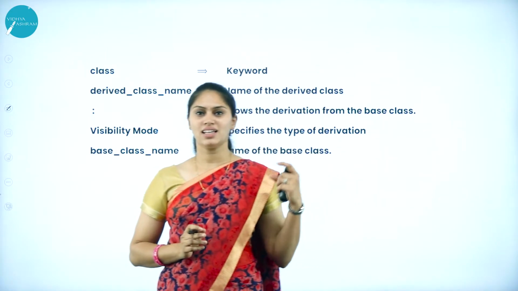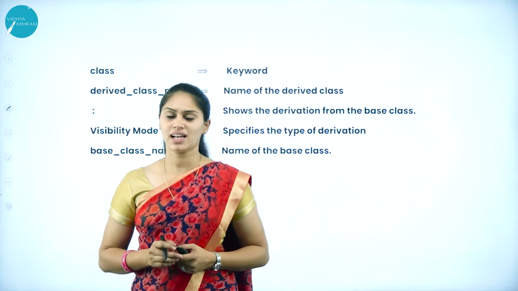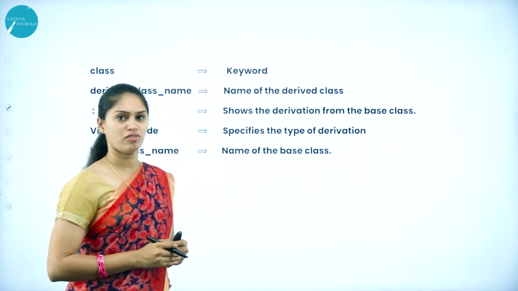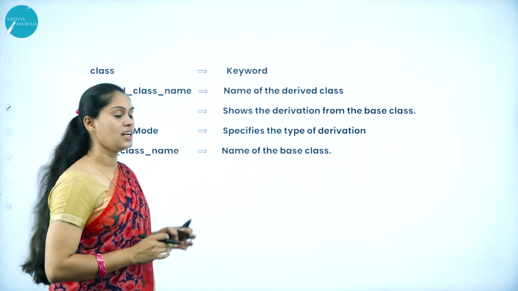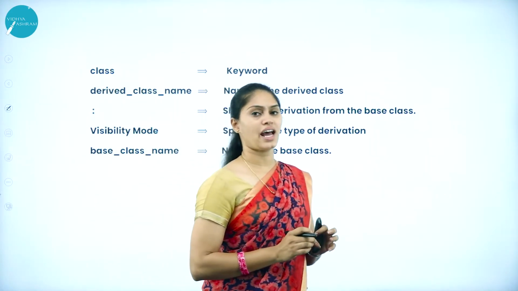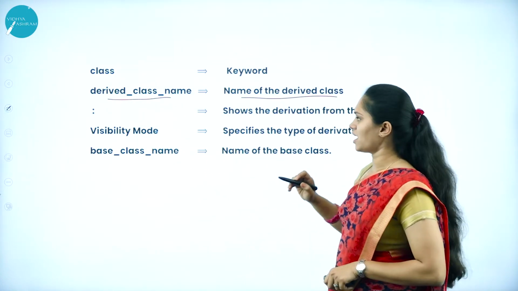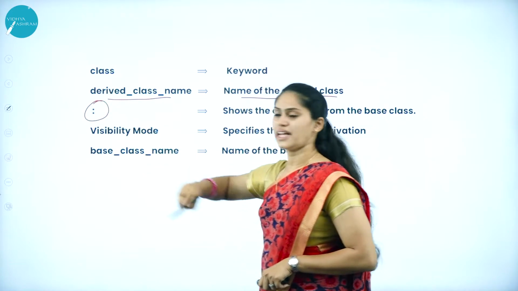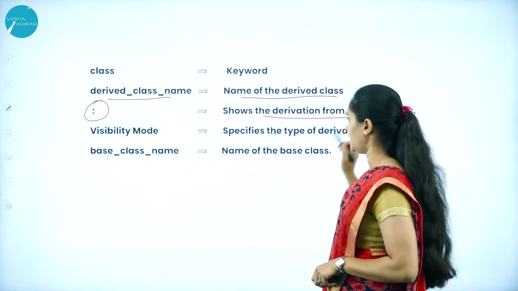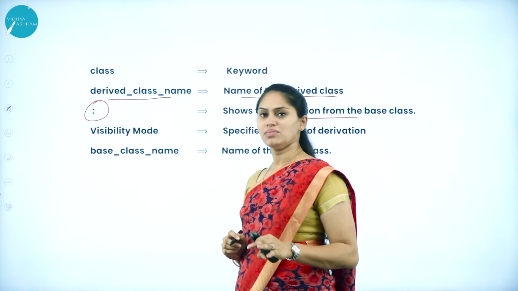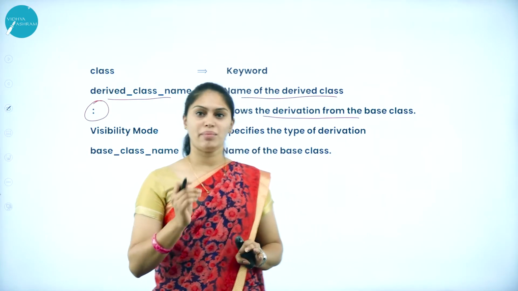Here you can see the contents that I have declared in the definition of a derived class. Class is a keyword. After that I need to specify the derived class name, and a colon that specifies I am inheriting or deriving some properties from the base class.